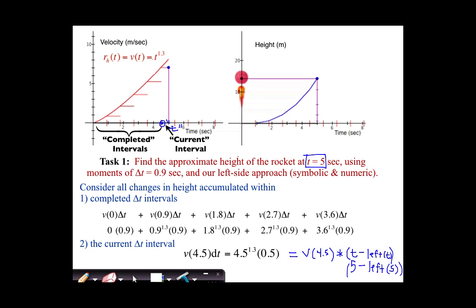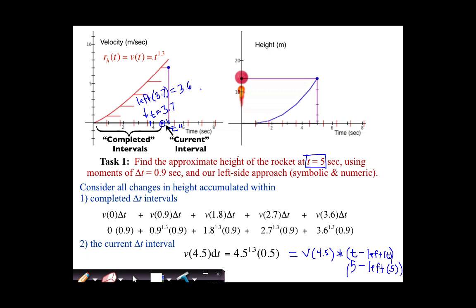If t is 3.7, left of t is that spot right there, which is 3.6. Left of 3.7 is 3.6. It's just talking about the interval boundary that's immediately to the left of whatever x value or independent variable value you're at. So in general, we can call it left of x, and we can define that based on, well, how wide your intervals are and where you started them at. Yeah?